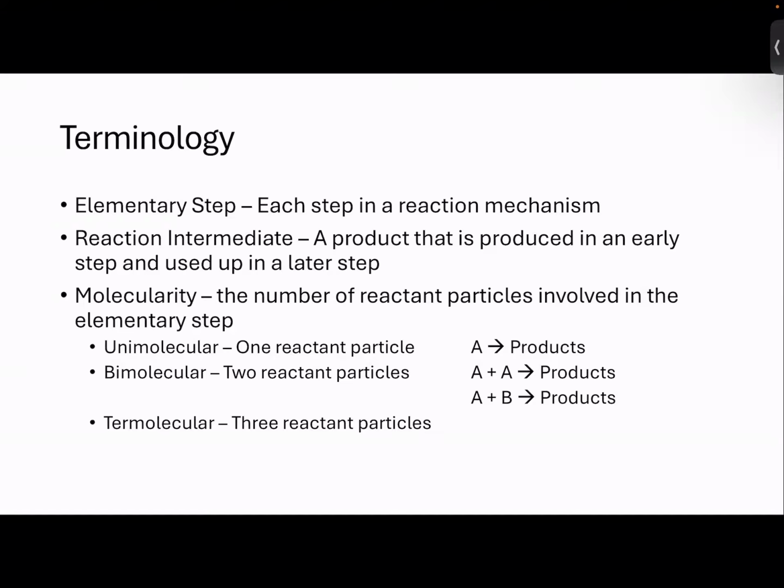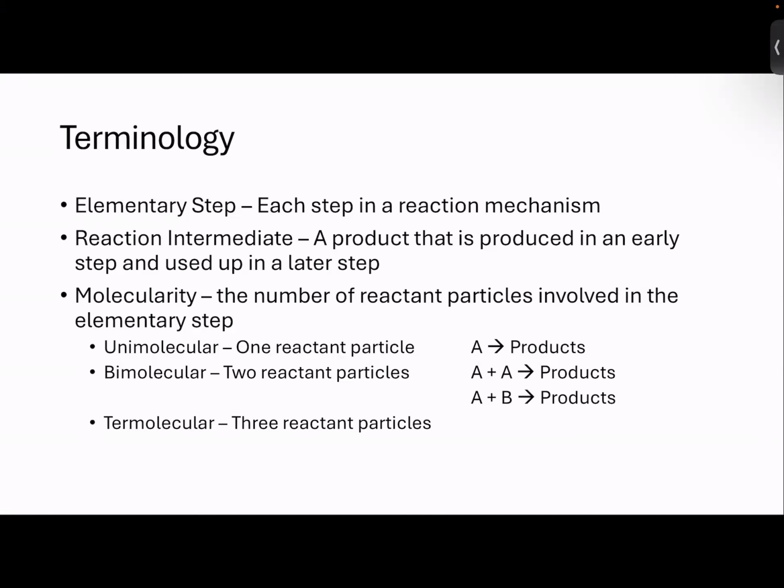Now, molecularity can be described as a unimolecular reaction. If it's a unimolecular reaction, there is only one reactant. You can have a dozen products, but there's only one reactant. So again, this is about the number of reactants.